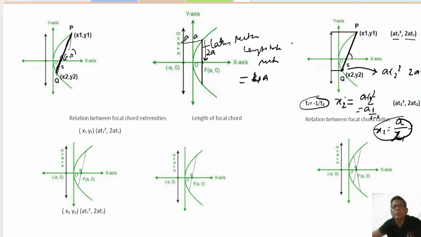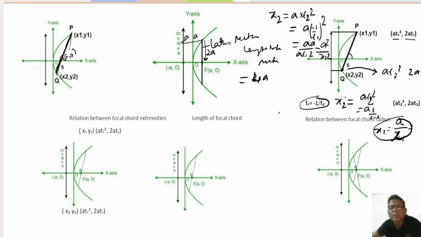We want to know x2, so x2 is equal to a t2 square, so t2 is minus 1 by t1, a into minus 1 by t1 the whole square, so a divided by t1 square. Then multiplying by a on both sides, this is a square by x1.